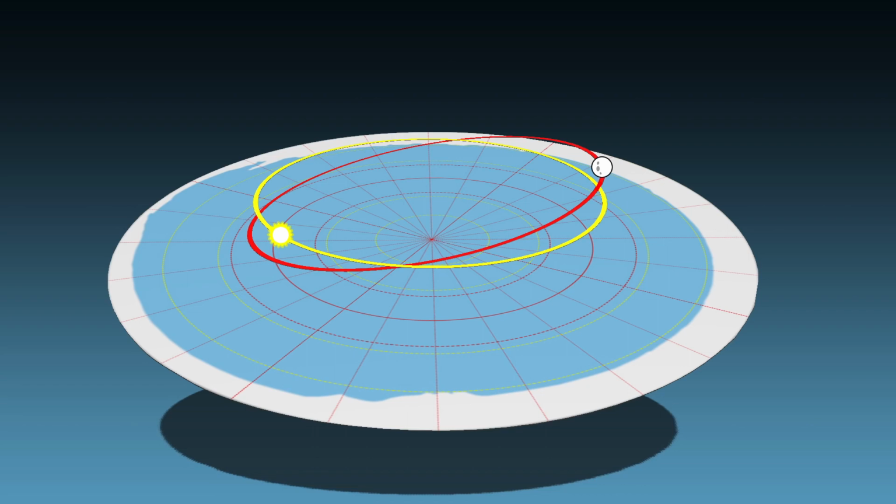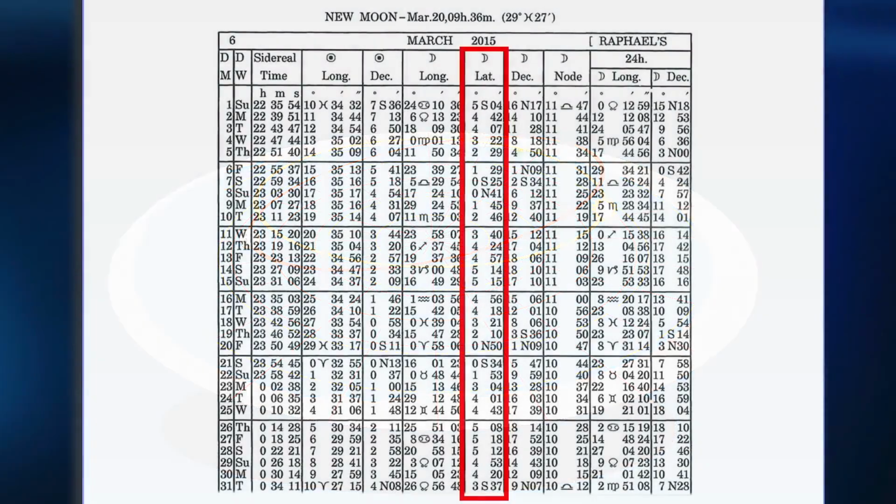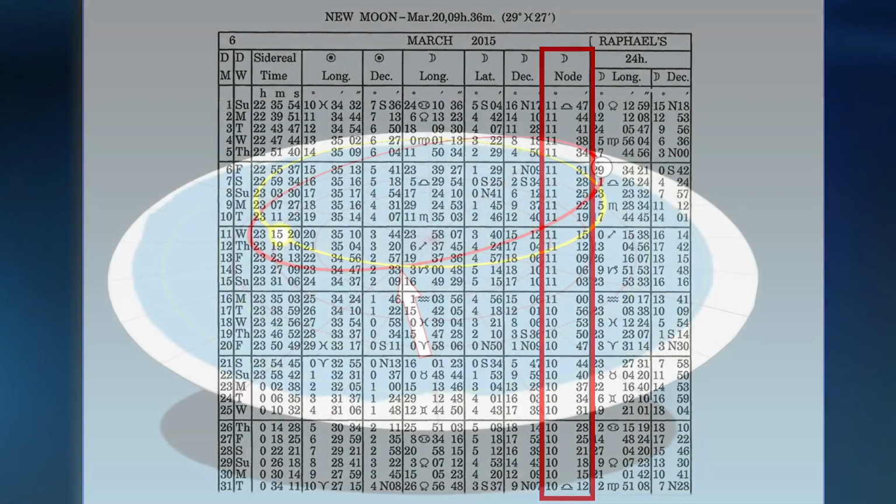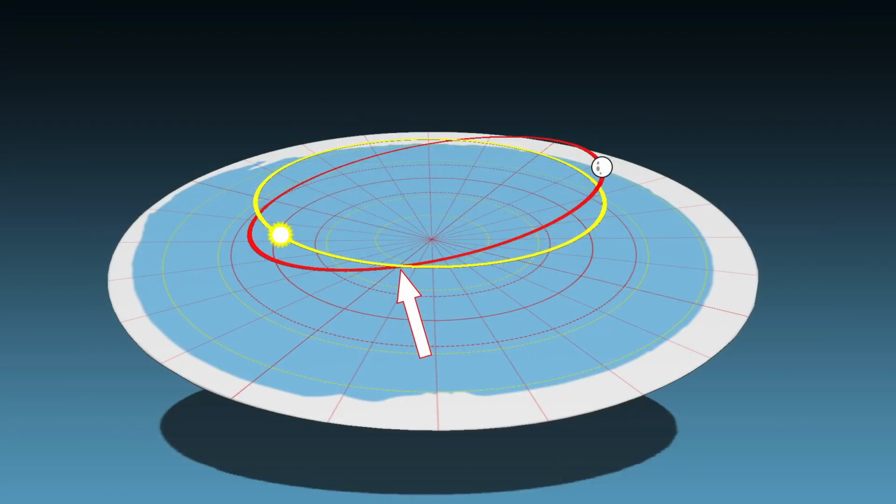It's at an angle of about 5 degrees to that of the sun. As the moon circles above the Earth, sometimes it's higher than the sun and sometimes it's lower. The moon's position above or below the sun's path is shown in the moon's latitude column, and the column marked as node is simply the point where the two paths cross.